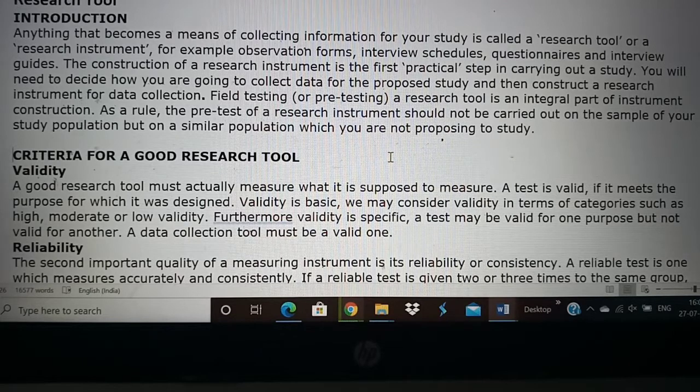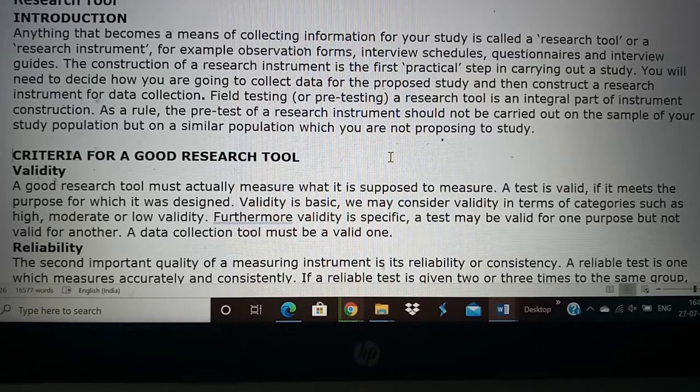Once you test it on a small number of samples, you will be able to understand whether your tool is effective and whether it is valid and reliable and all the other things. Once you know that it is a good tool, then you can use it for the whole study population. Then you will not face any problem during the research or during the stage of analysis.